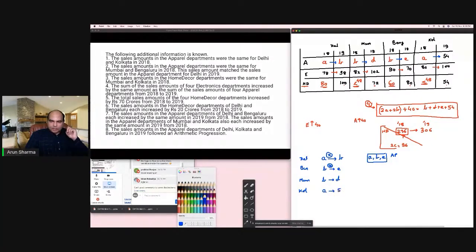And they're saying that both of these increased by the same amount. So if I take this as a Y increase, this is also a Y increase. And if I correlate this with this information, what I get to know is that 2x plus 2y is equal to 40.